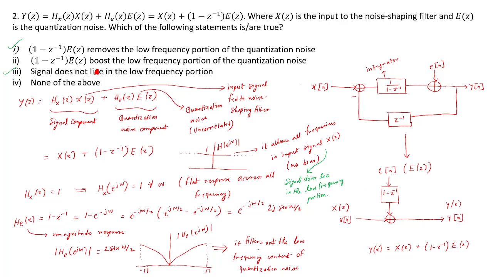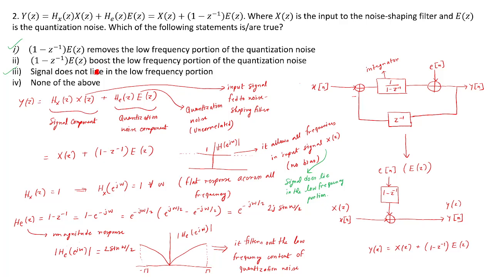And from here we have already seen that this part removes the low frequency portion of quantization noise, so I guess we are fine. Therefore, we have seen from this question that the goal of the noise shaping filter is to remove the low frequency content of quantization noise.